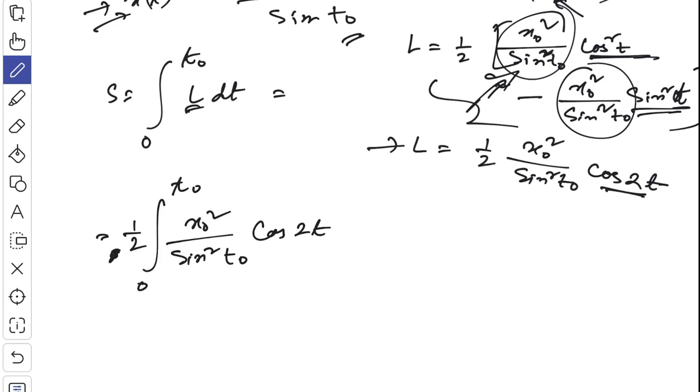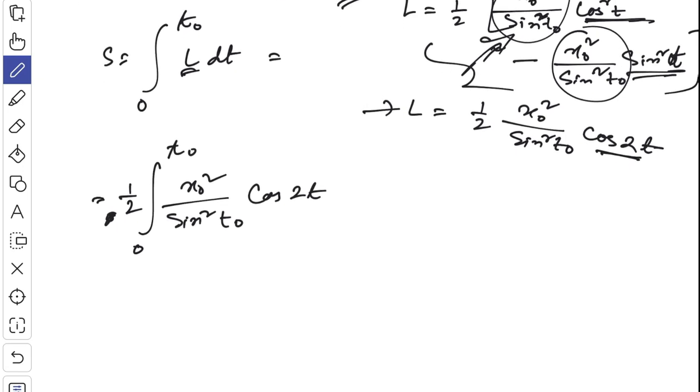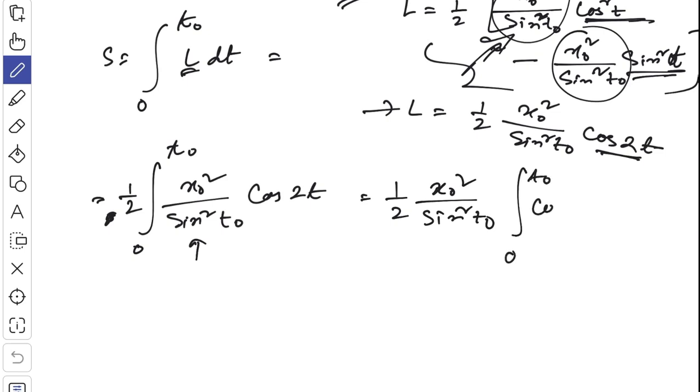After integration, this part x naught square by sine square t naught is a constant term, so we can write it outside the integral, then the integral from 0 to t naught of cos 2t. The integration of cos 2t will be sine 2t by 2, isn't it?